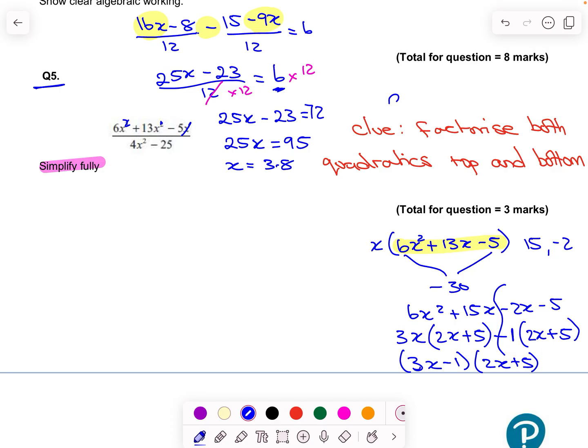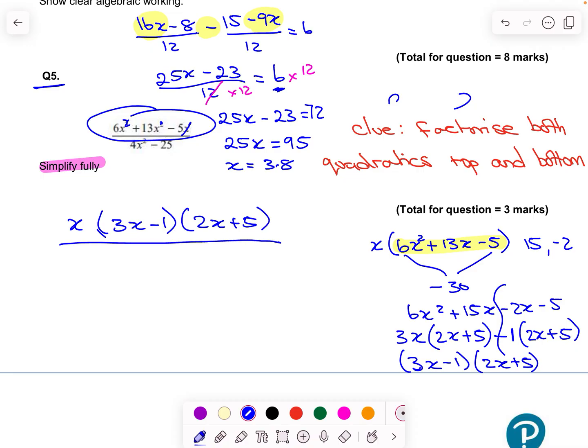Okay. So now going back to the original question, that top bit is factorized as x, 3x minus 1, and 2x plus 5.